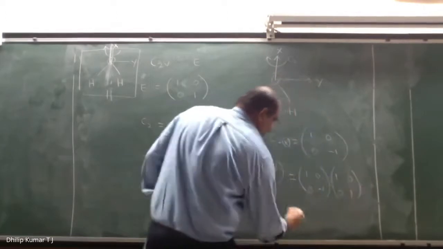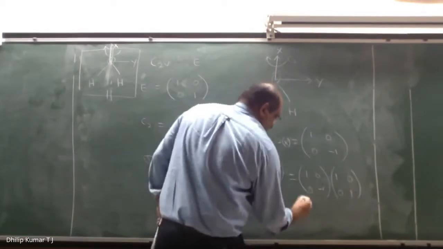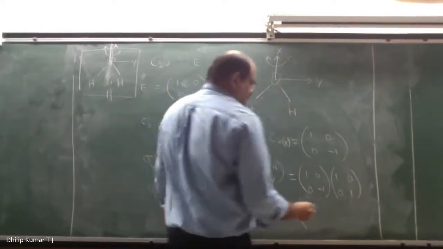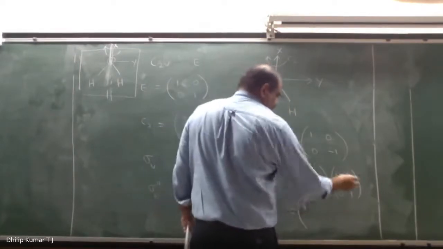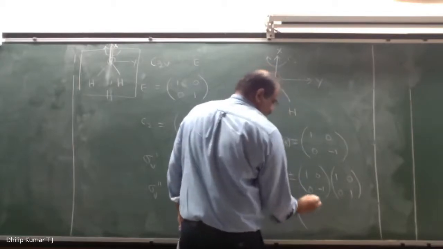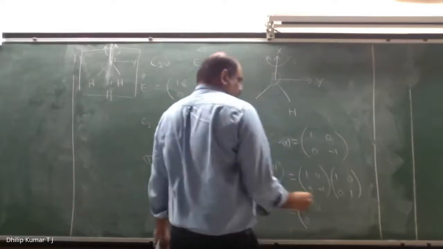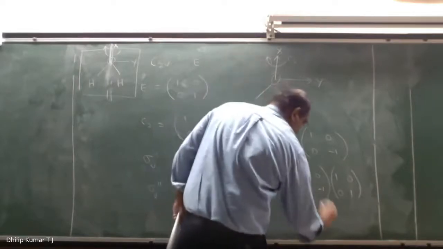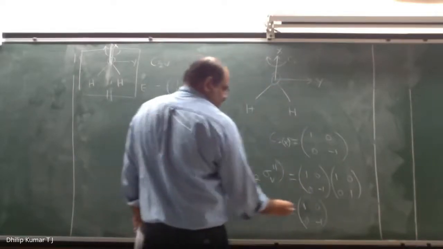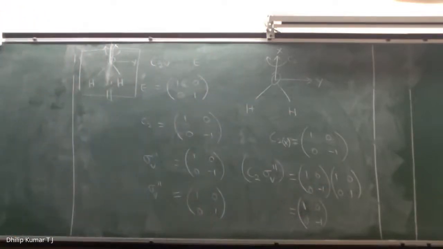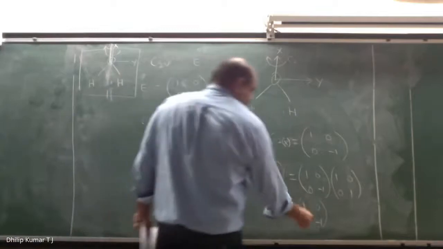So if you take the product, 1 times 1 is 1, 0, 0, and the last entry is minus 1. So I'm getting the product of C2 and sigma double prime as 1, 0, 0, minus 1.